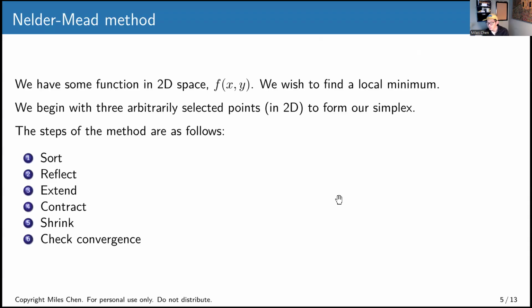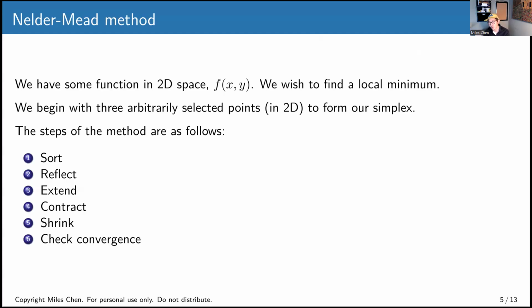All right. So we're going to say we have some arbitrary function that exists in two-dimensional space, and what we want to do is find a local minimum. So we start with the vertices of our simplex, which will basically just be the corners of a triangle. You just arbitrarily select the corners of your triangle. It really doesn't matter where. You just arbitrarily select them to form your simplex, and then you will do one or more of these steps.